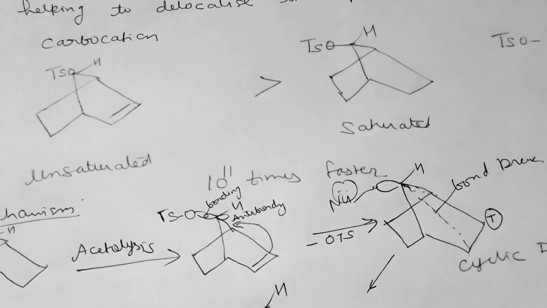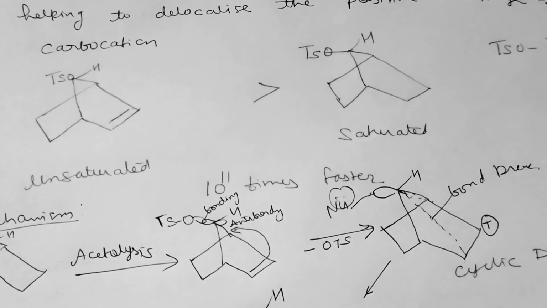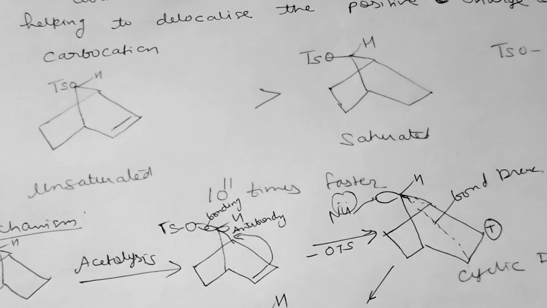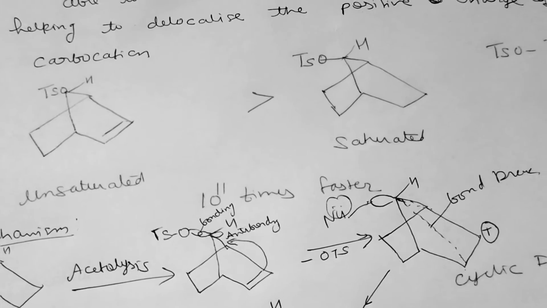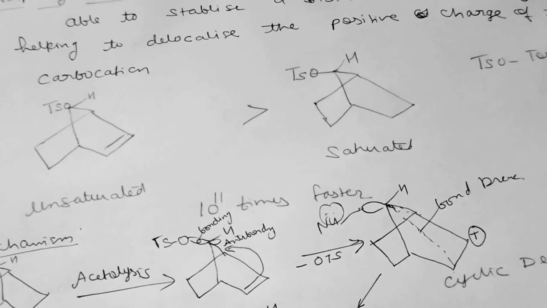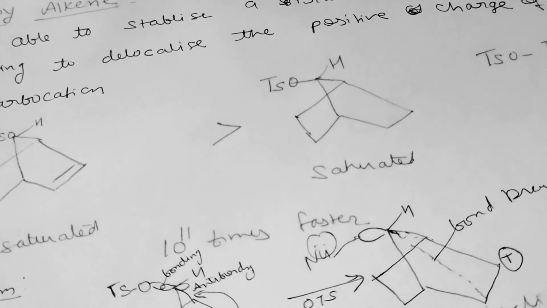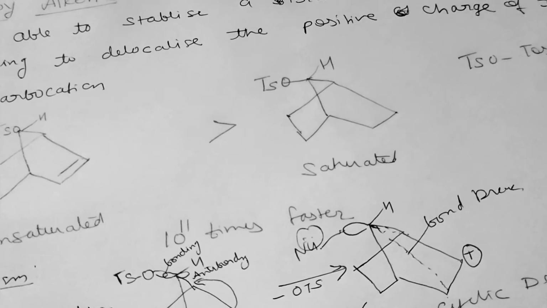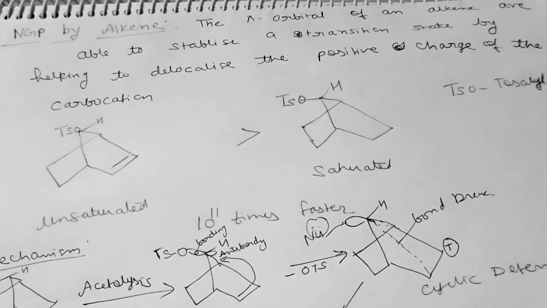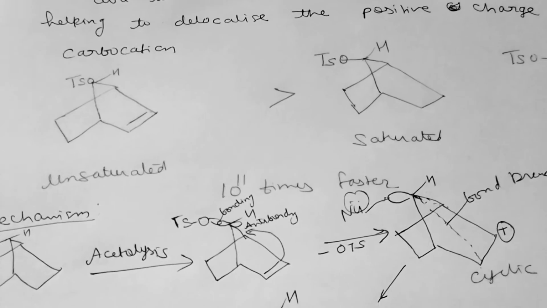The rate of reaction will be 10^11 times faster. This was experimental data from which we can state that if the tosylate has pi electrons, then definitely the rate of reaction will be increased in comparison to the sigma bond.